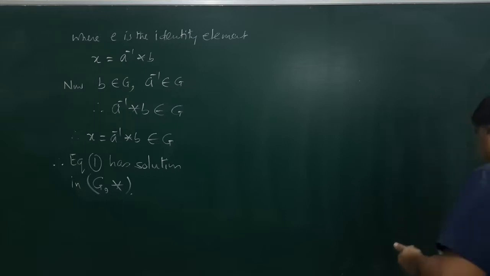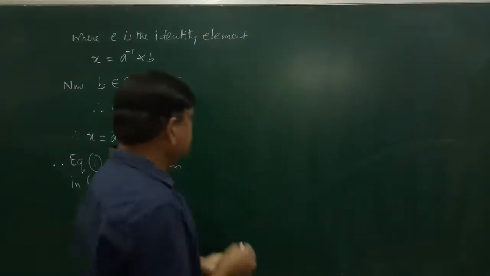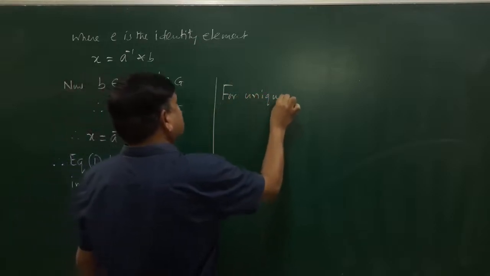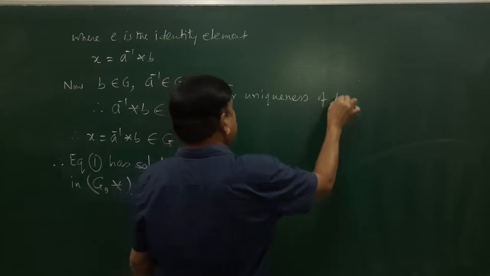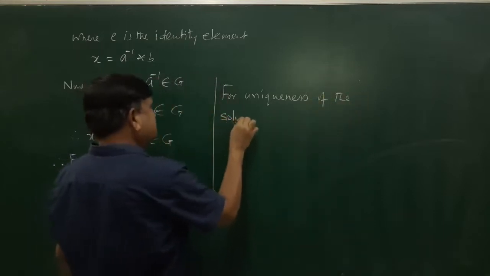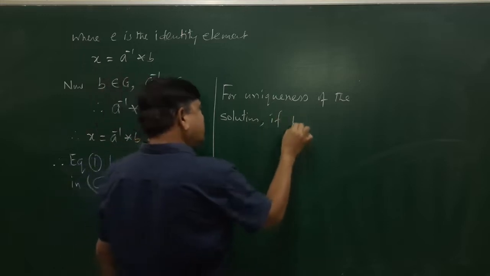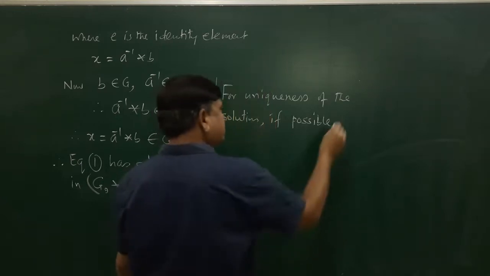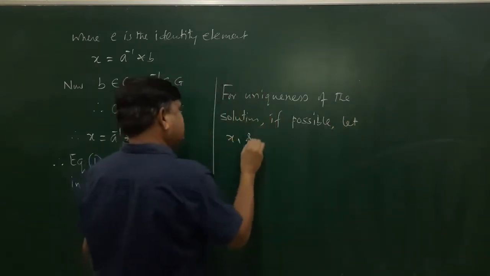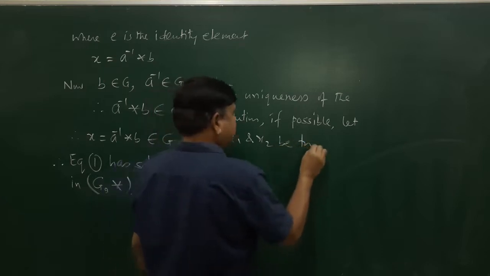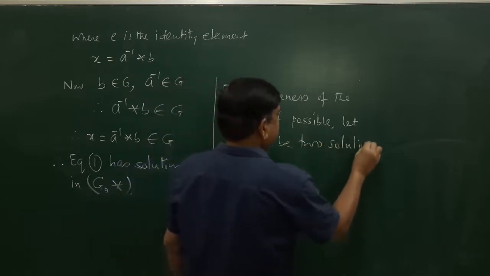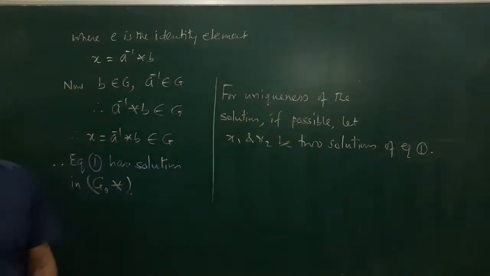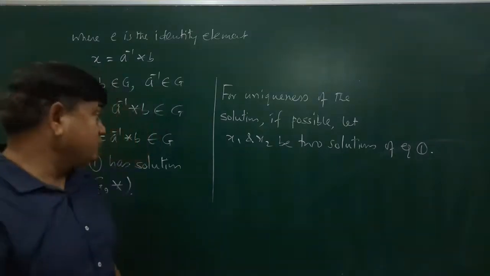So for uniqueness of the solution, if possible, let x1 and x2 be two solutions of equation first. अद्वितीयता के लिए solution तो मिल गया है.